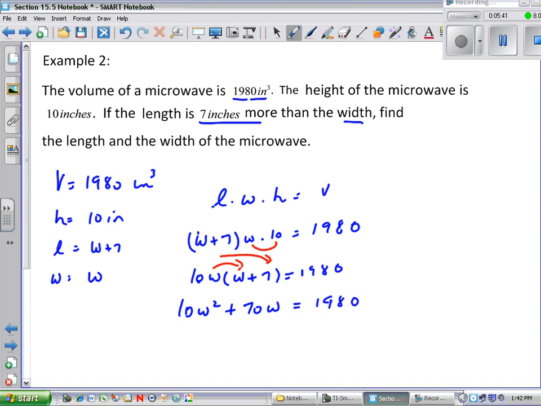And then I notice that I have squared, so it is a quadratic equation. So I'm going to move everything to one side and 0 on the other side. So I'm going to subtract the 1980 off both sides. 10W squared plus 70W minus 1980 is equal to 0.